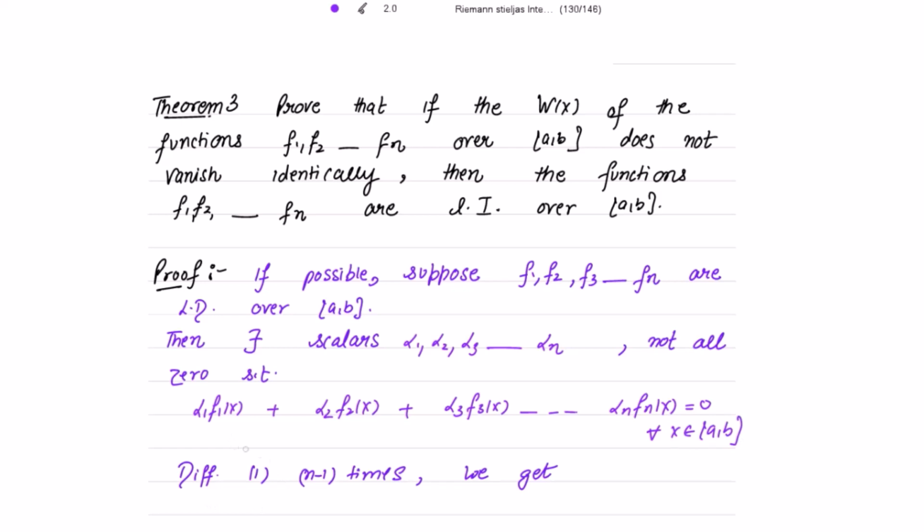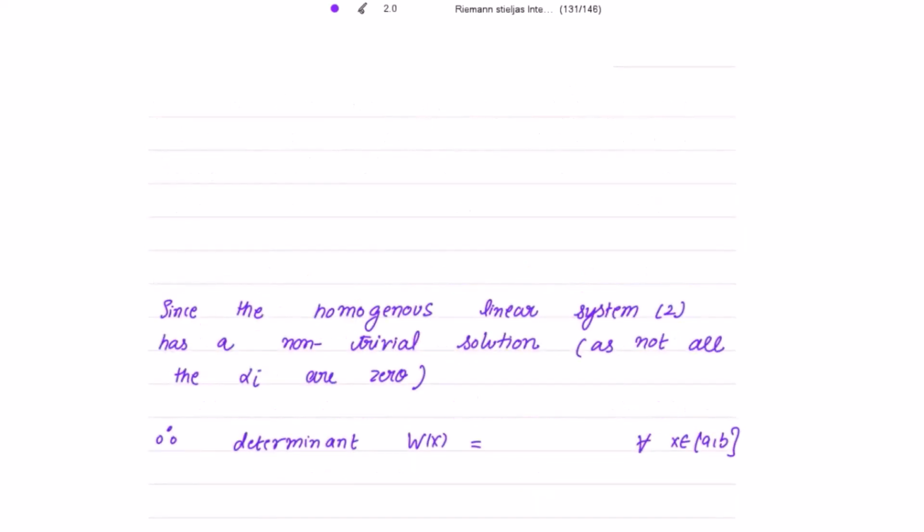Now I am differentiating this n minus 1 times because I need to get the Wronskian of the functions. For differentiating this n minus 1 times, I am first writing the identity as it is. Then I take the first derivative.